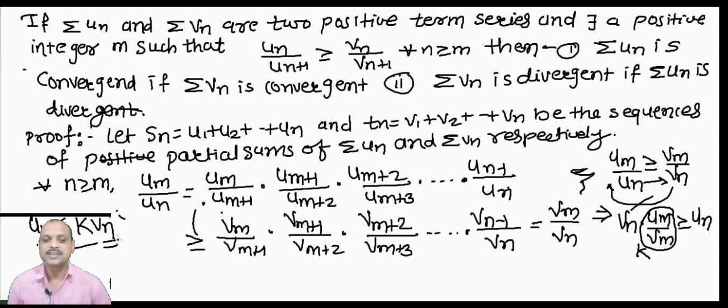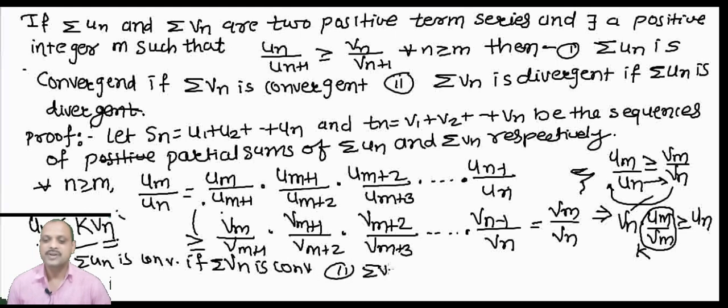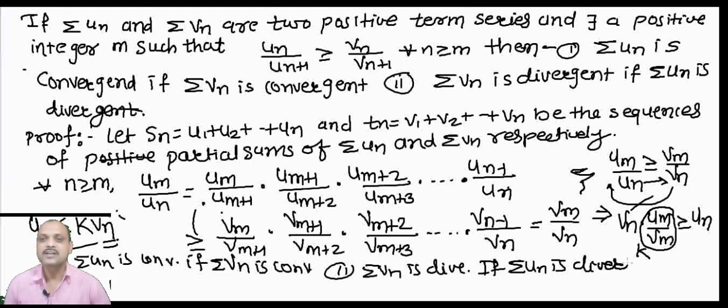By the comparison test of the first kind, summation un is convergent whenever summation Vn is convergent, which is the first part. And the second: summation Vn is divergent whenever summation un is divergent, which is the second condition, the second part of this comparison test.